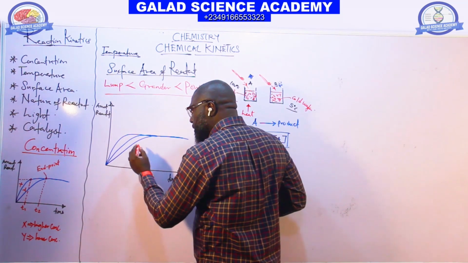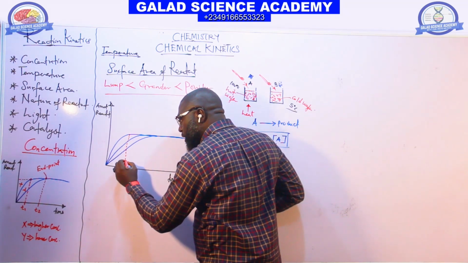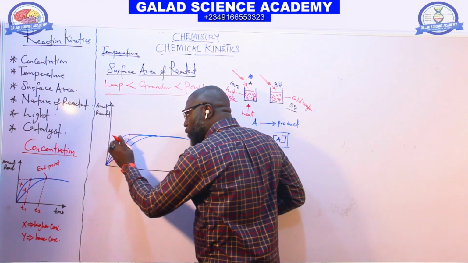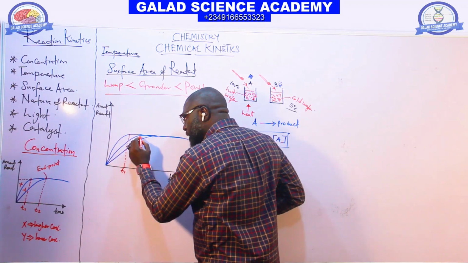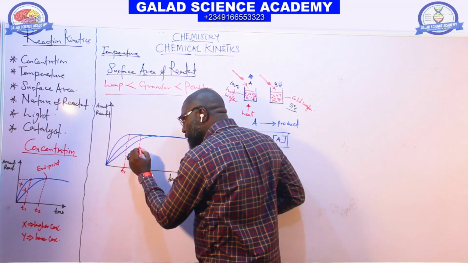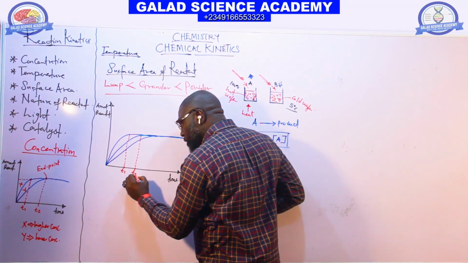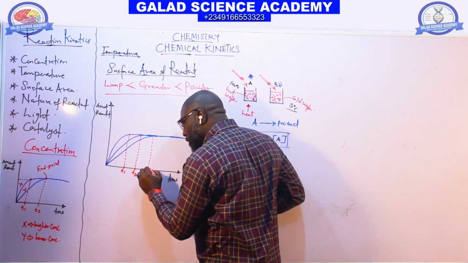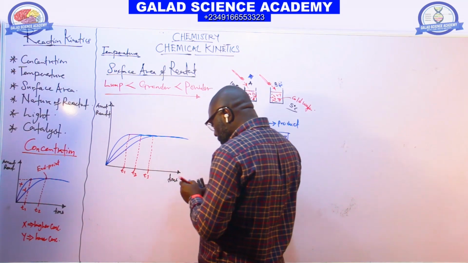You can see that at this point, this is the time at which the first one reached the end point. This is the point where the second one reached the end point. This is the point where the third one reached the end point.